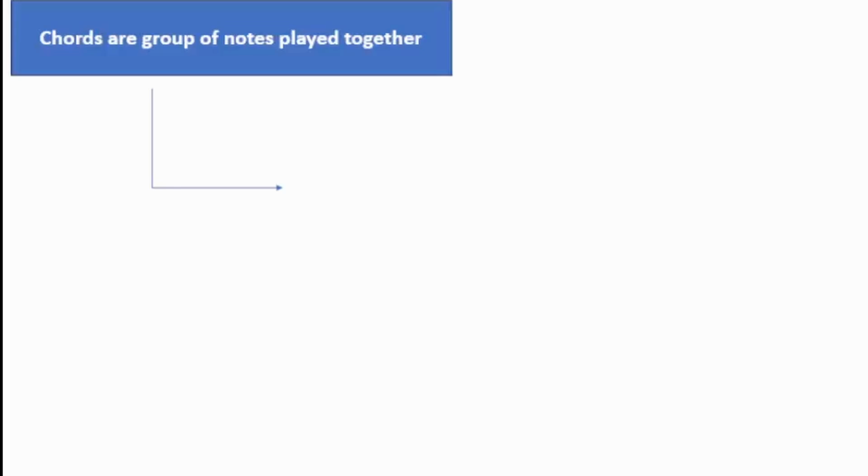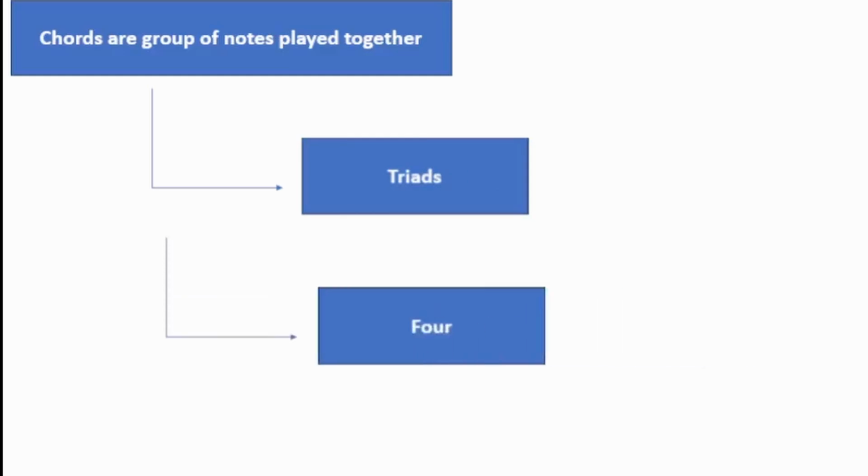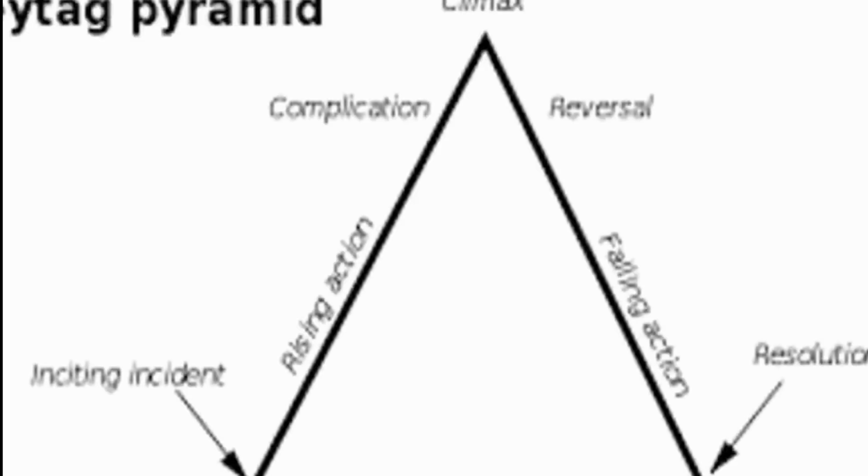Chords can be triads, which have three notes, sevenths, which have four notes. Chords are important as they help in creating tension and release.